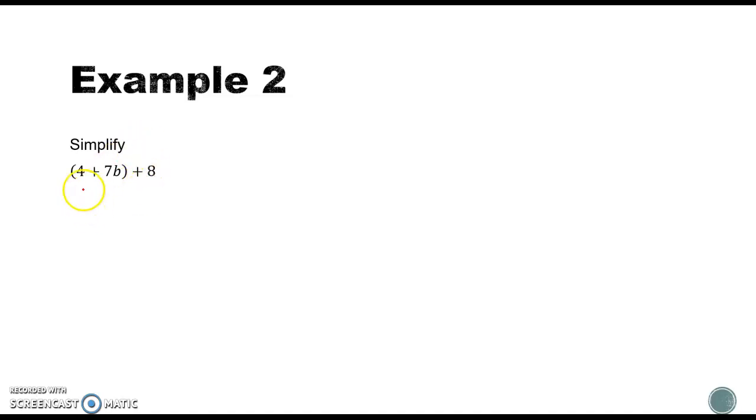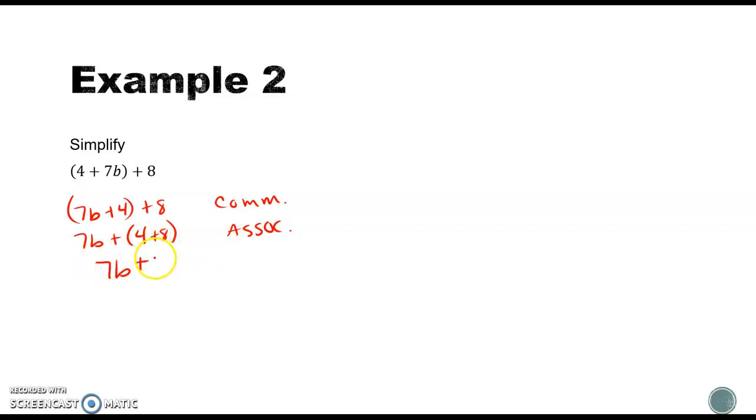But the reason we can is first I'm going to do the commutative property and make it 7b plus 4 plus 8. So that was the commutative property. And then I'm going to do 7b plus, and then change my parentheses to (4 plus 8). That's the associative property, right? And so then I end up with an answer of 7b plus 12. And so that's my simplified version.